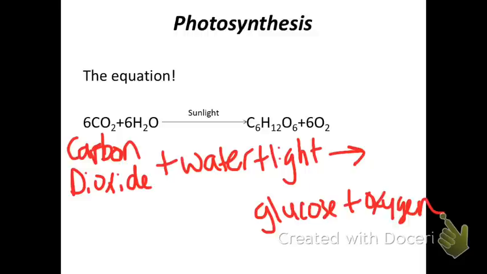So oxygen is our 6O2. So you need to know and recognize that C6H12O6 means glucose. Okay, so make sure you have both the chemical equation written down as well as the word equation that would go with the equation.